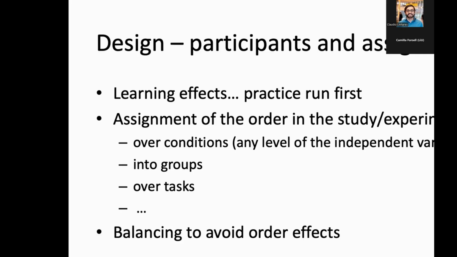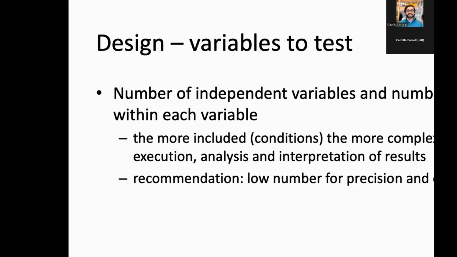And there are different procedures. You can use total randomization, for example, and then the belief is that things even out. Or you can use procedures like Latin square, etc. to handle this. And one thing that is very important to talk about also is that I said less is better.